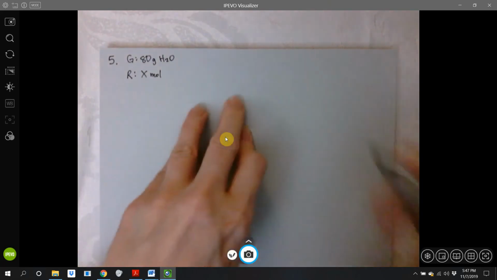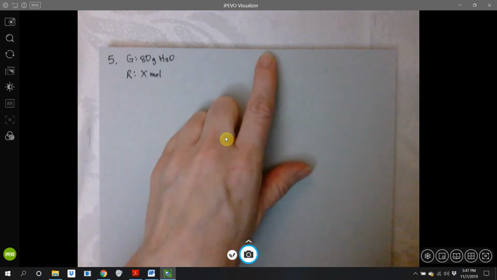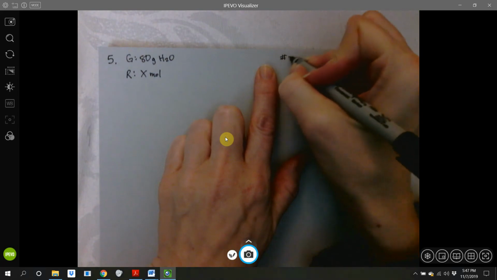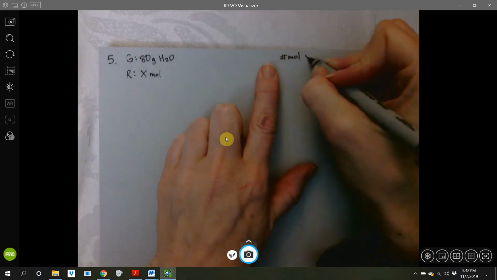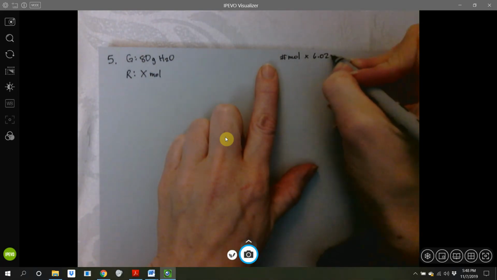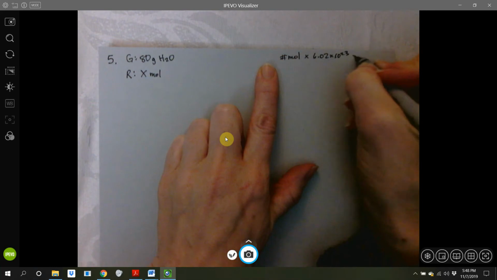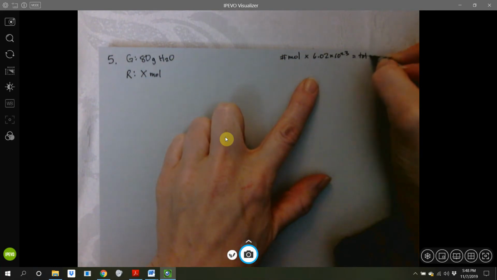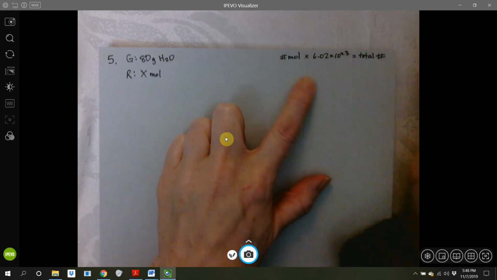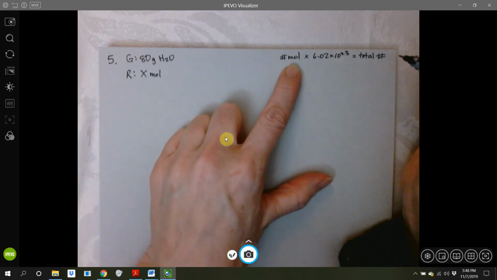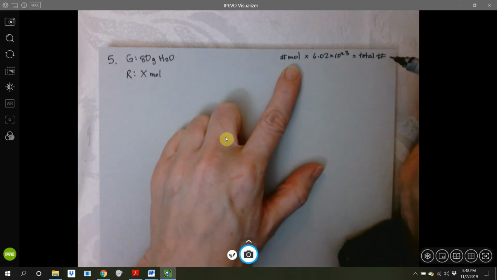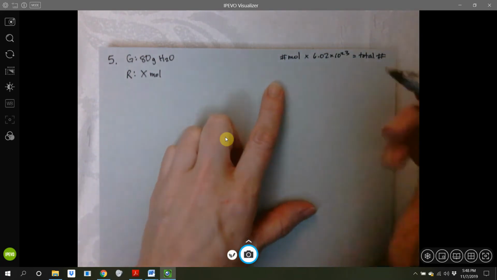And let's write out our two little statements here that might help us. We have a number of moles times 6.02 times 10 to the 23 gives us our total number. Now this is number of atoms, molecules, formula units, whatever we're counting, right?